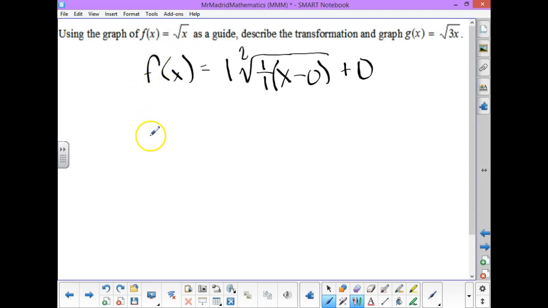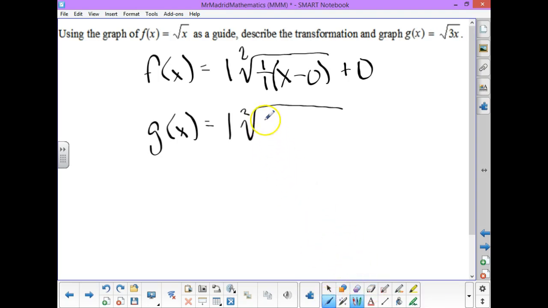Alright, so here's the parent function. Describe the transformation when you introduce a 3 on here. So g of x has a 1 up front, the square root of, and notice there's a 3 in there.